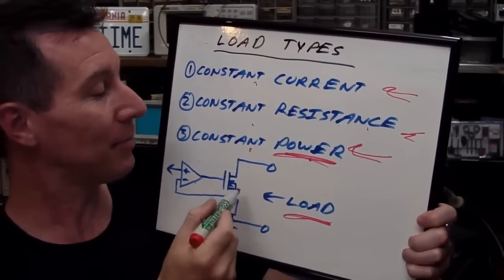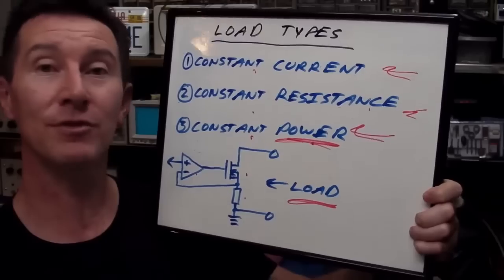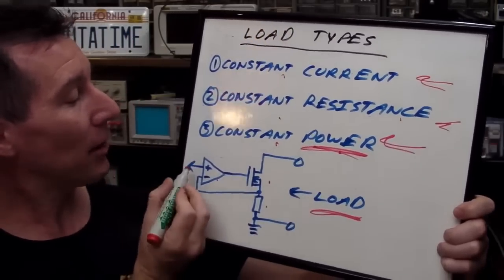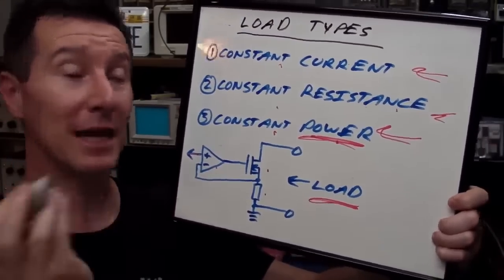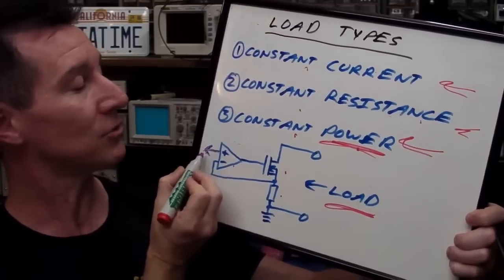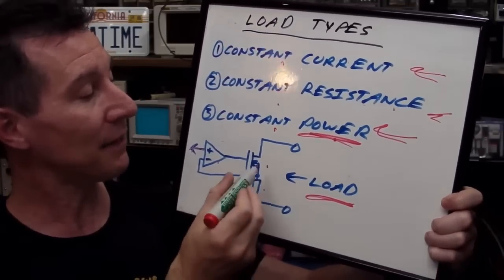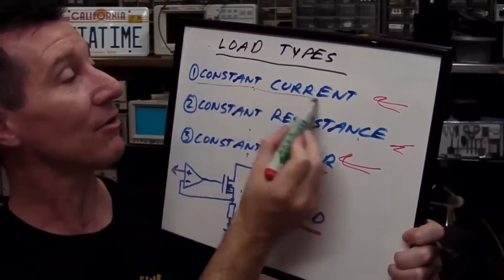It's just got an op-amp, a FET, and a load resistor down here. In my example in the previous blog, I just hooked this up to a voltage source and a pot, and that just worked as a constant current load.